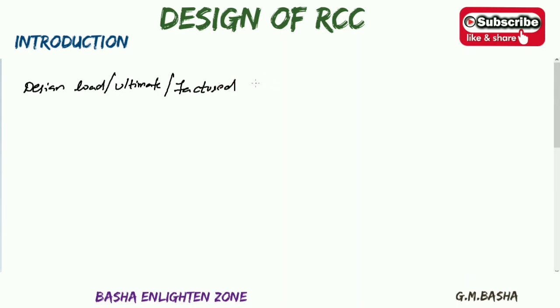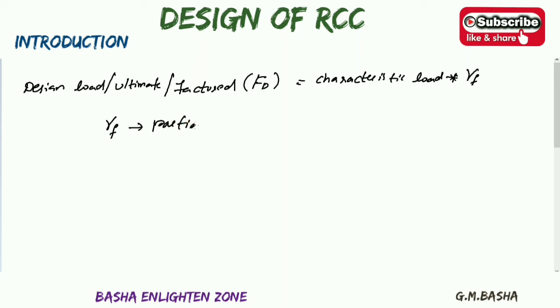That one is denoted with FD, and it will be equal to characteristic load into its partial safety factor, which is denoted with gamma f, where gamma f is the partial safety factor. Design or ultimate or factored load will be equal to characteristic load into its partial safety factor.